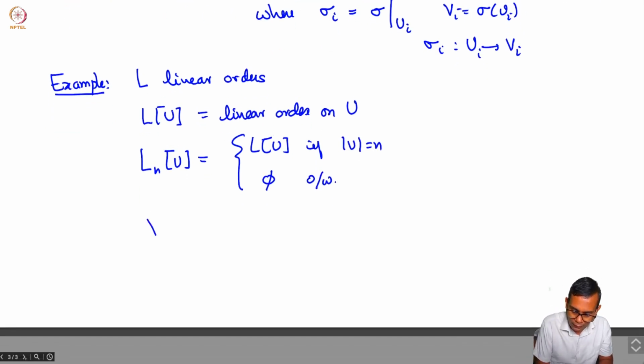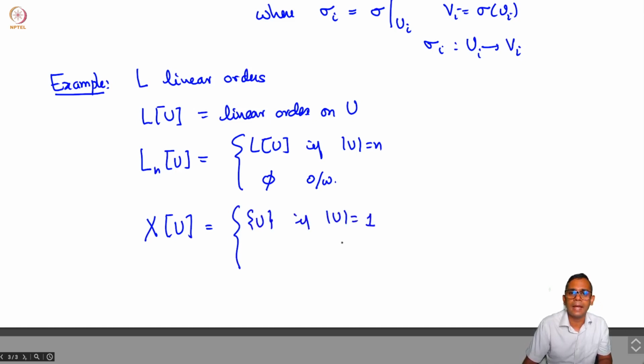And also recall the species X. X of U is just U if the cardinality of U is 1 and it's empty otherwise. Okay, in particular, it's obvious that X is equal to L1.